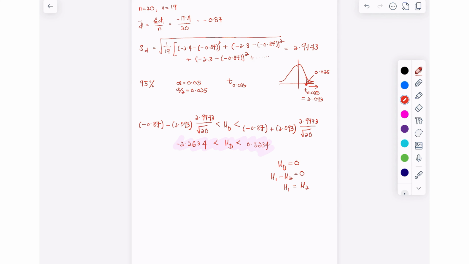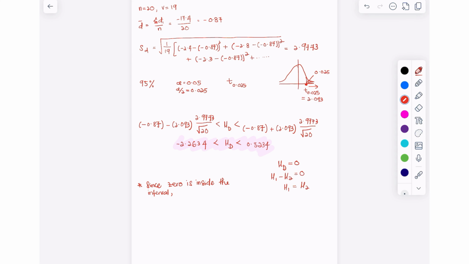So from this we can make a conclusion that since 0 is inside the interval, mu1 equals mu2. This means that these two means have no difference.